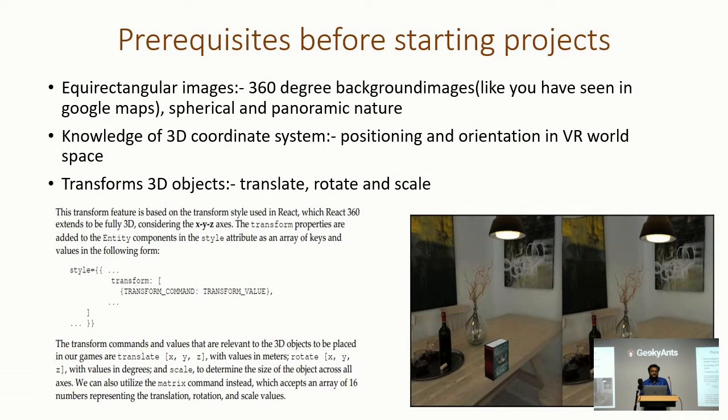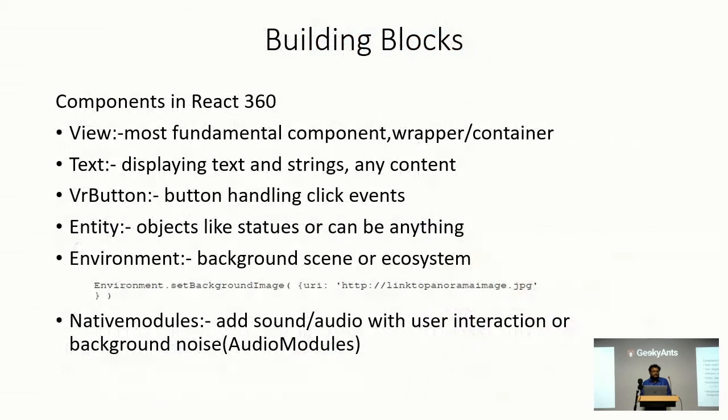That is the entire ecosystem, and the book can be an object here, the lamp can be an object. Then we can also add sound or audio using the audio modules.